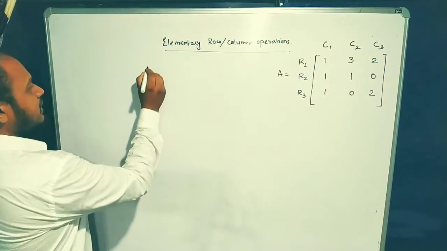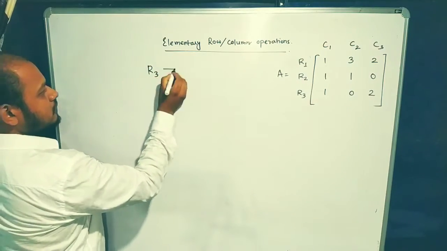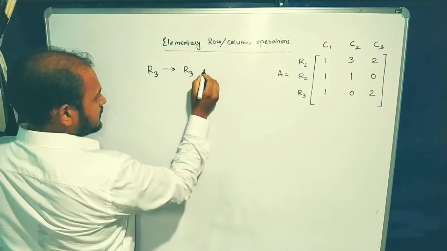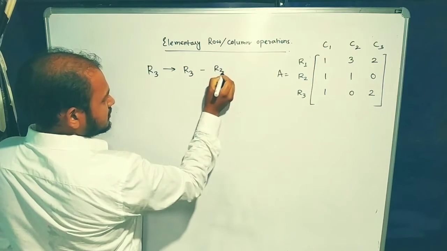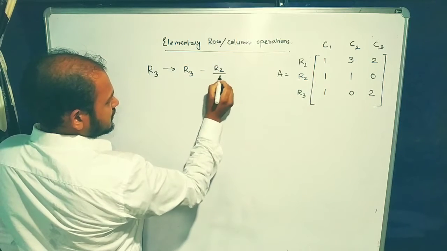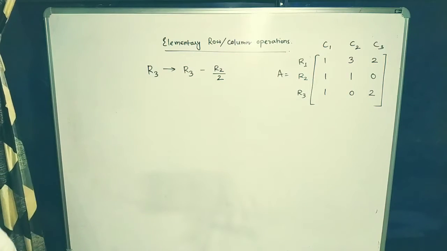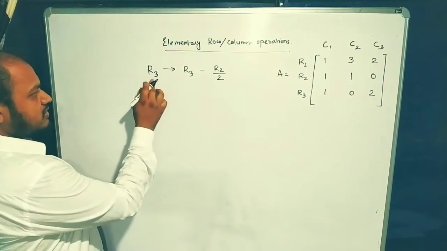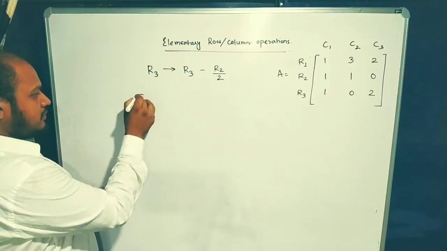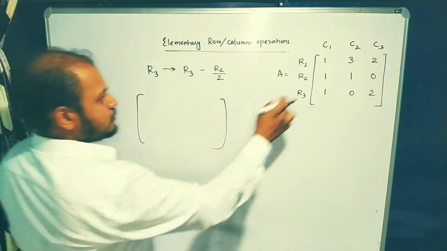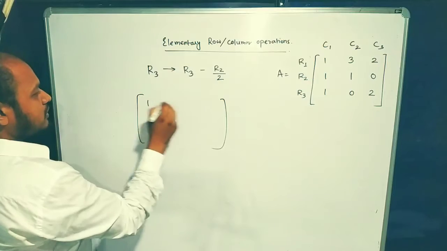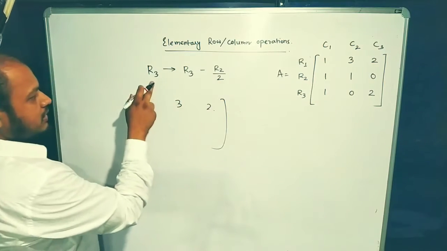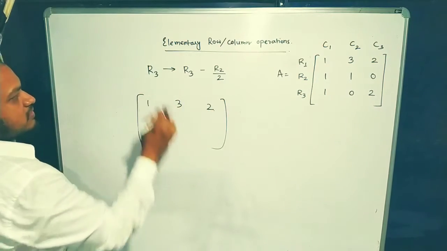Suppose I'm telling you that third row becomes third row minus second row divided by 2. For example, suppose. So we are seeing that the first row and second row remain the same. The first row is 1, 3, 2, it will remain the same, and second row also remains the same.